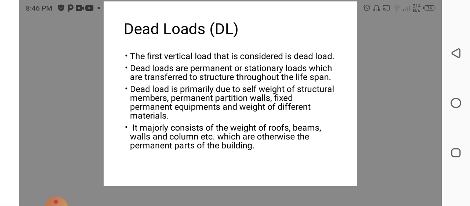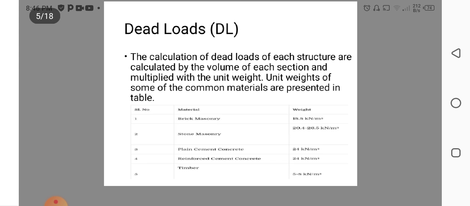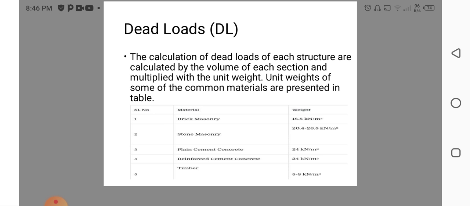Dead load is primarily due to the self weight of structure members, which may be walls, beams, columns, roof, slab, etc. The dead load of each structure is calculated by the volume of each section multiplied by the unit weight.